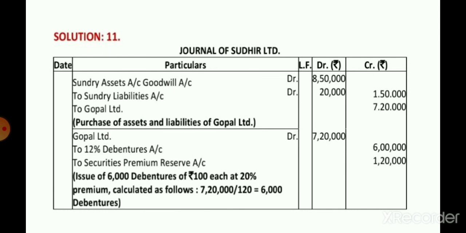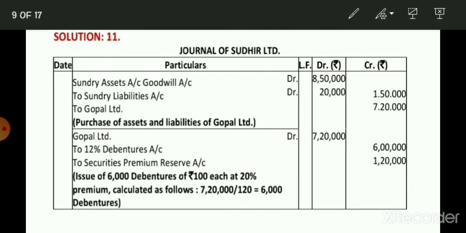You have to calculate. So first you have to enter sundry assets, that is 8,50,000, sundry liability 1,50,000, and the balancing amount will be the goodwill account, and Gopal Limited has agreed on 7,20,000. We have to pay only 7,20,000. So Gopal Limited is 7,20,000.